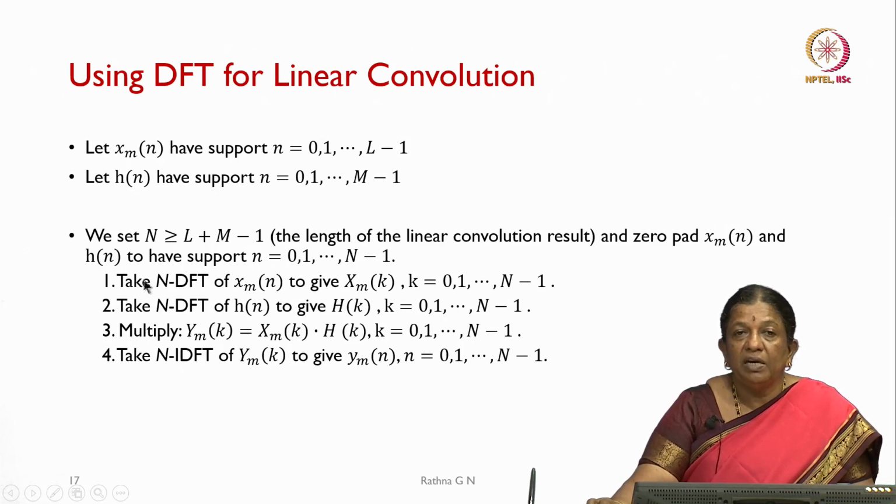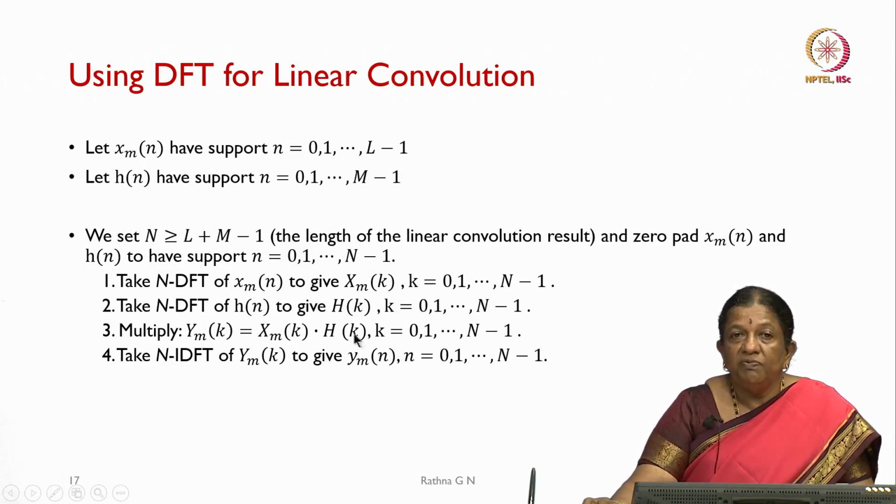First we take the N-point DFT of x_m of n to give X_m of k, where k varies between 0 and N minus 1, and then the N-point DFT of h of n to give H of k, where k is also between 0 and N minus 1. Then we know that in the frequency domain, when we have two DFTs, it is only a multiplication, that is Y_m of k is X_m of k times H of k for k equal to 0 to N minus 1.